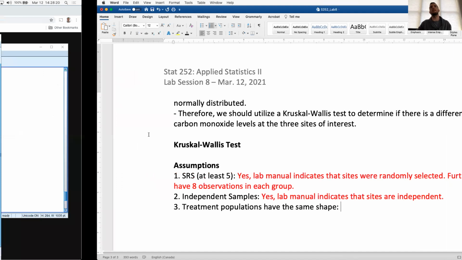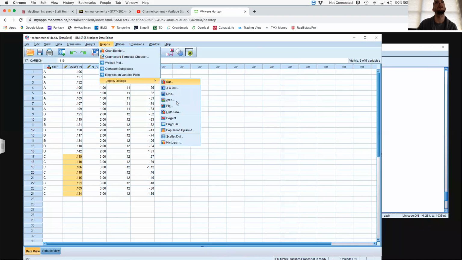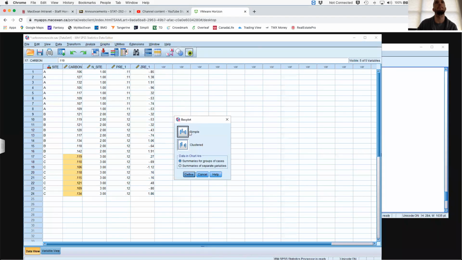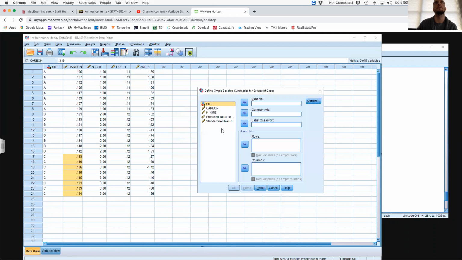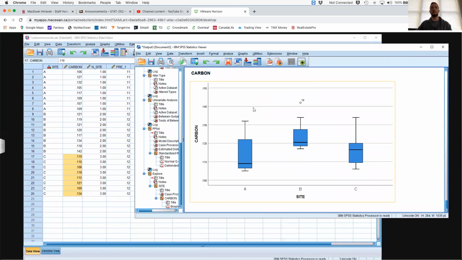Okay, so we can verify this the same way that we did for the Wilcoxon Rank-Sum Test. So we can go graphs, legacy dialogues, box plot, click continue. So we're going to put carbon in the variable, site in the category axis, click OK. So here are the side-by-side box plots.